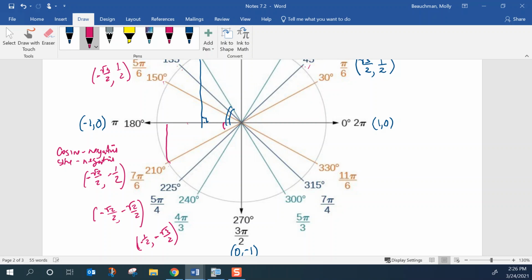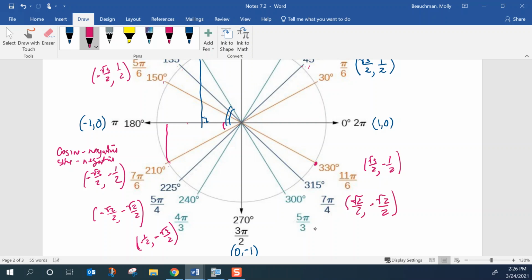Then in the fourth quadrant, if we follow along our reference angle idea or symmetry, 330 degrees has a reference angle of 30. So if we reflect the point across the y-axis or the x-axis, we get square root of 3 over 2, negative 1/2. 315 degrees has positive square root of 2 over 2, negative square root of 2 over 2.